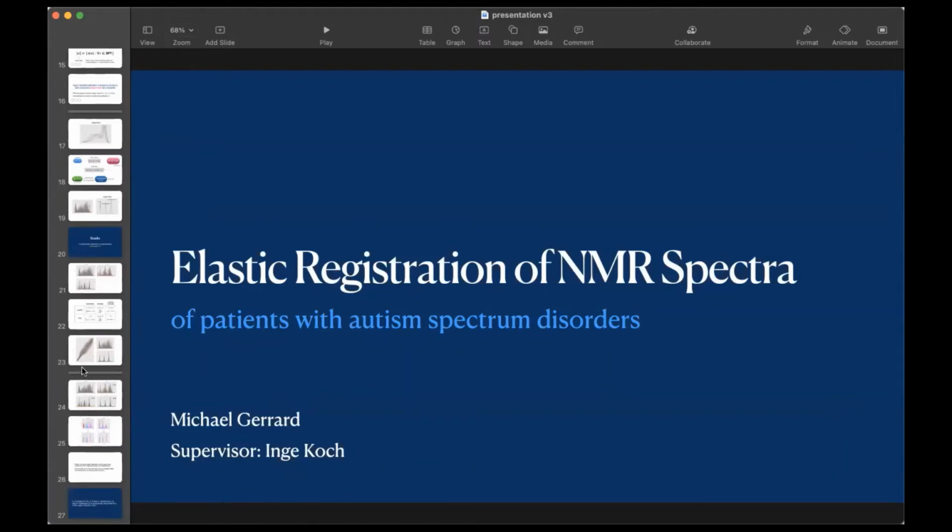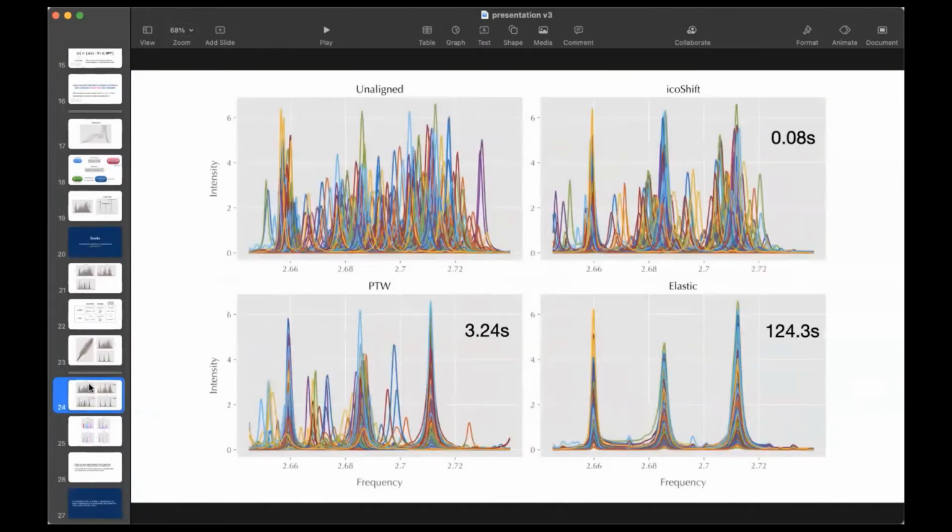In this case, showing the difference between elastic and IcoShift, we can see that elastic registration has correctly aligned them. But in terms of adding more degrees of freedom, I'm not sure with how many degrees of freedom you get certain improvements.